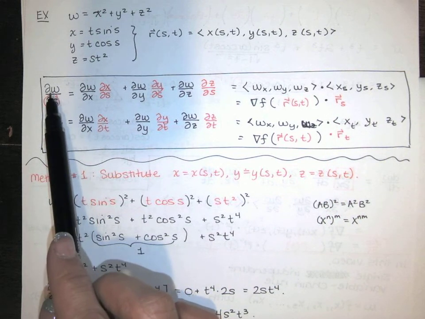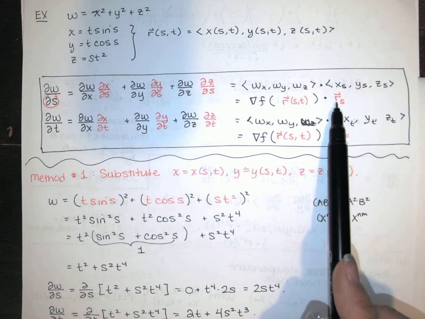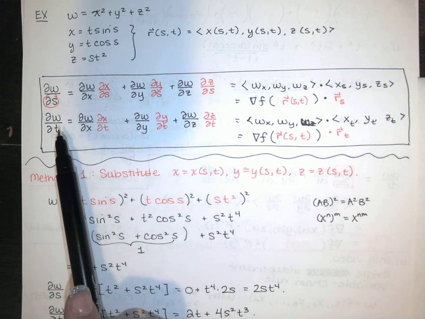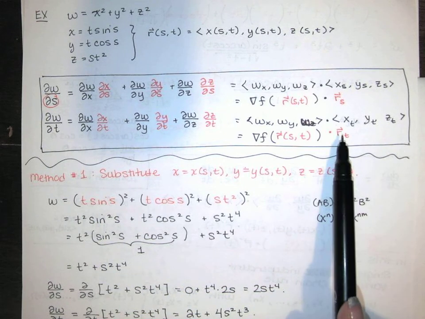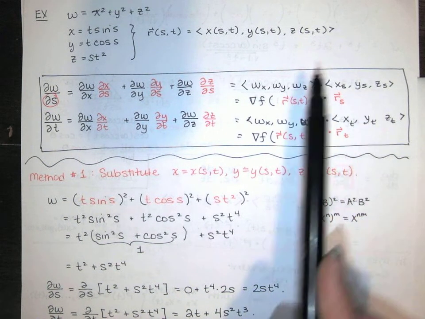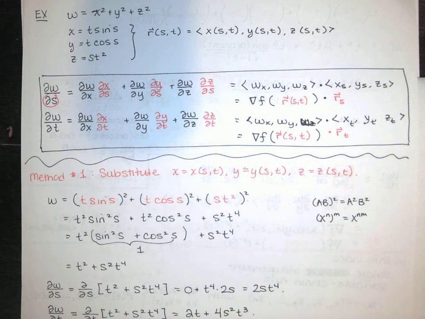If I want the partial derivative of w with respect to s, this needs to be the partial derivative of r with respect to s. If I want the partial of w with respect to t, this has to be the partial of r with respect to t. Or if you don't like using this shorthand notation, you can always use this expanded form. It's totally fine.